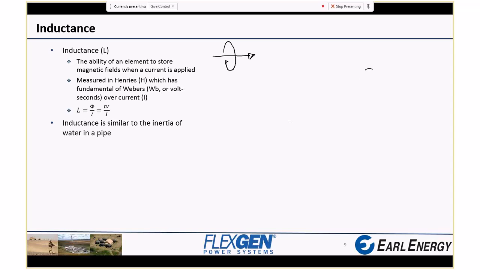A wire going into the page is marked with an X. A wire coming out of the page is marked with a dot. A wire going into the page develops a magnetic field like this. The wire coming out of the page develops a magnetic field like this.